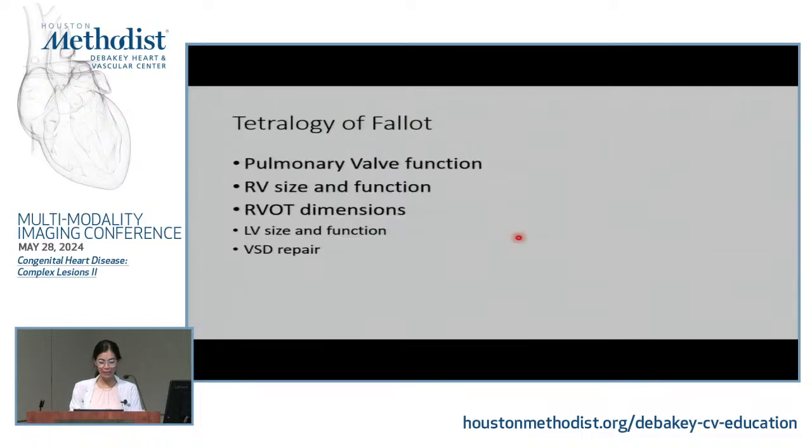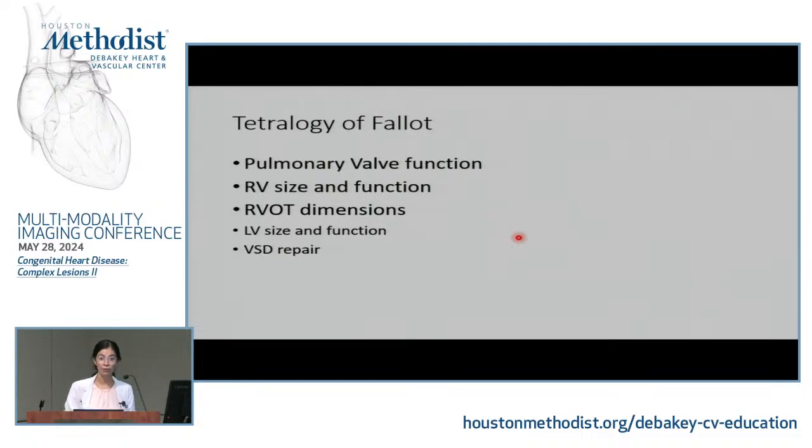When we look at imaging studies to follow up patients with tetralogy of Fallot, we need to focus on the long term in adults, the patients that we will be seeing. Our number one priority is always the pulmonary valve.